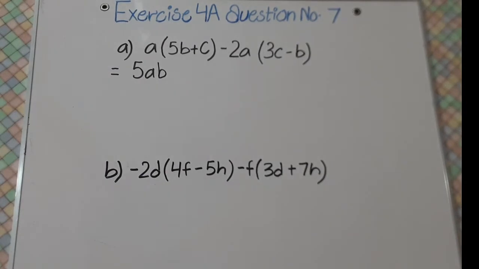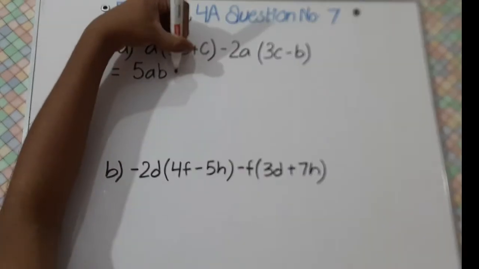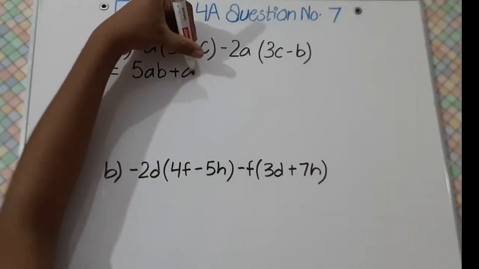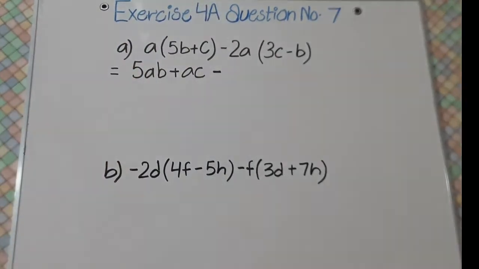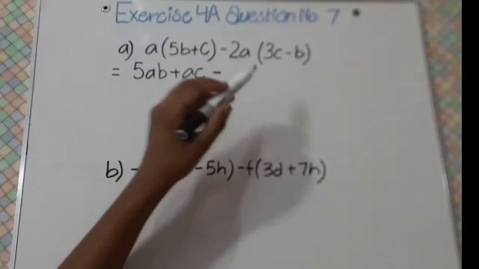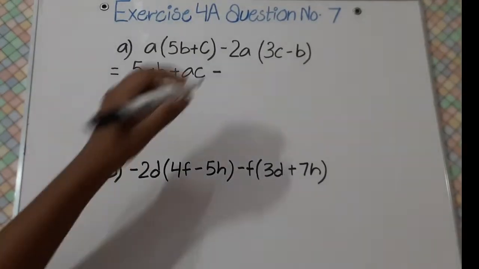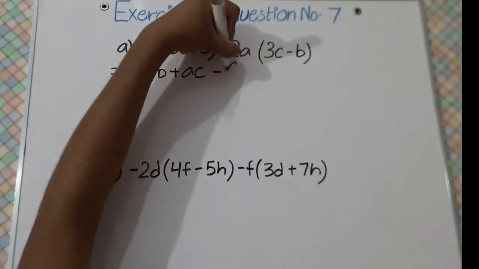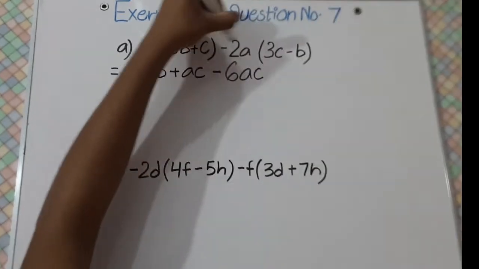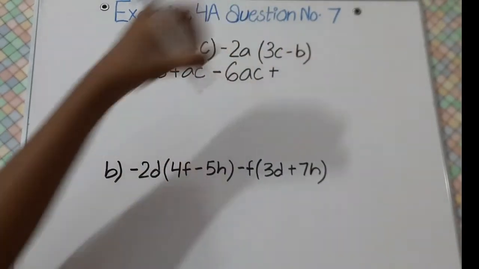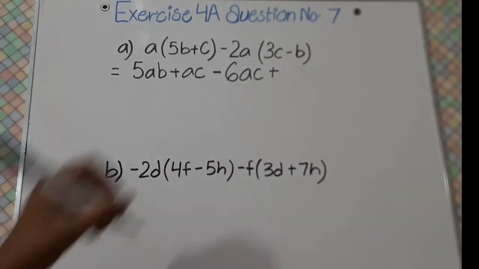Then A multiplied by C would be plus AC. Then 2A multiplied by 3C would be 6AC; 2 multiplied by 3 is 6, A multiplied by C, AC. Minus minus is plus. 2A multiplied by B would be 2AB.